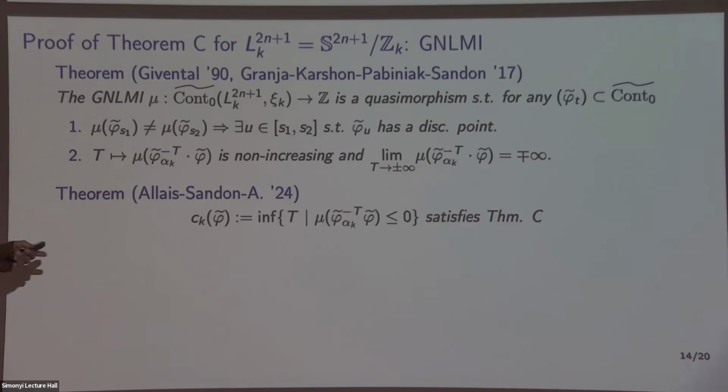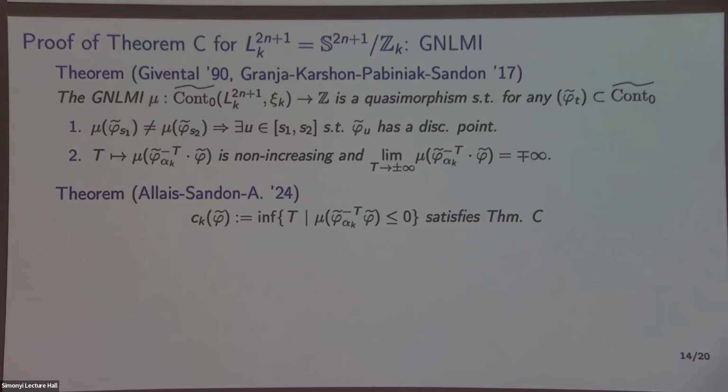And then to construct our spectral selector, we just take the smallest t such that when you compose phi tilde with the Reeb flow at time minus t, you get some negative number. First, because when t is very small it is plus infinity, this number is finite.